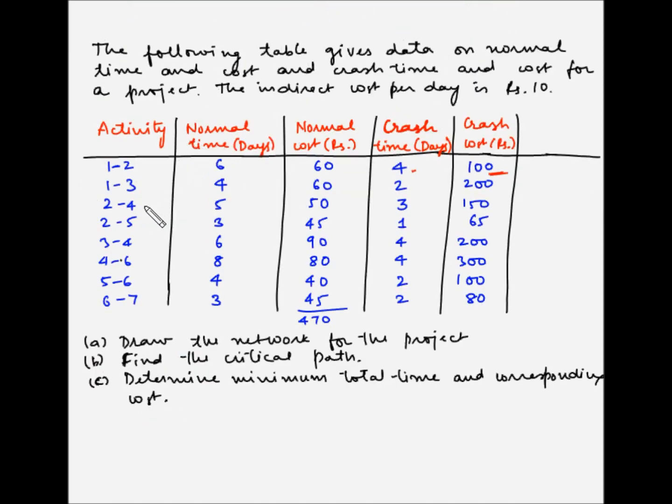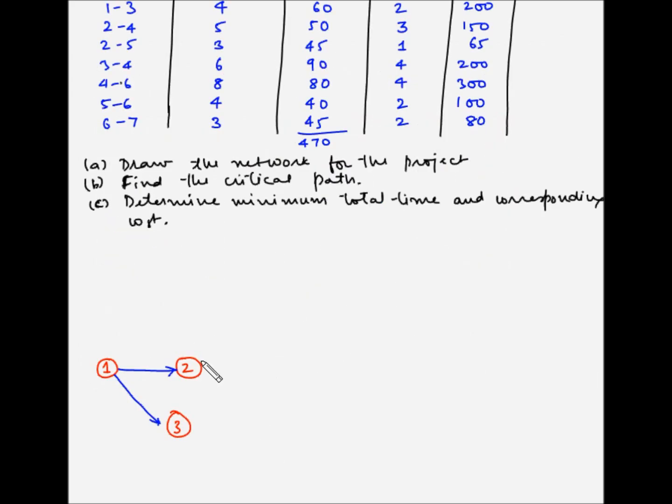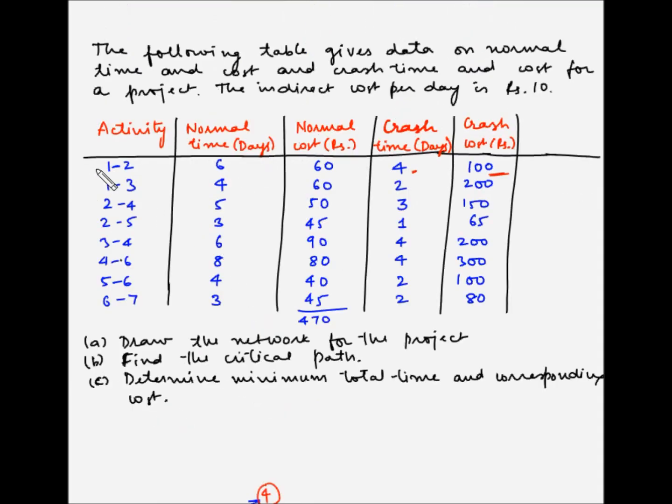The next is 2 to 4, and from 2 we also have 2 to 5. So let's draw these two. So let's say this is 4 and this is 5. So we have completed 1 to 2, 1 to 3, 2 to 4, and 2 to 5.